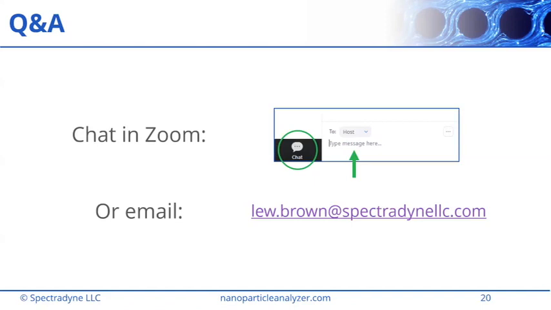We can see aggregation much earlier, down in the 100 nanometer range, and save you time in pre-formulation, by showing you aggregation much earlier than you would ever see it with the types of techniques you're talking about.